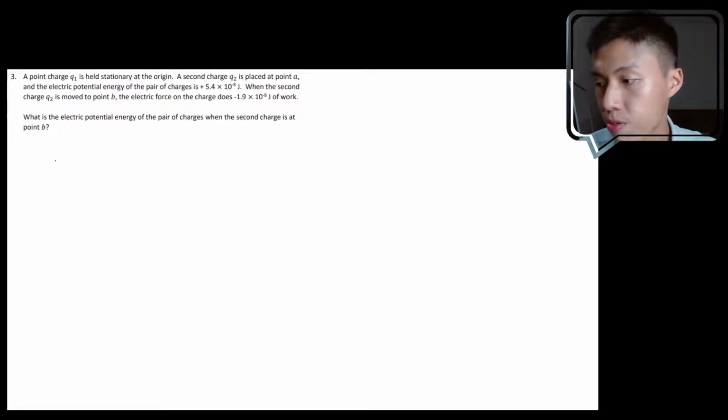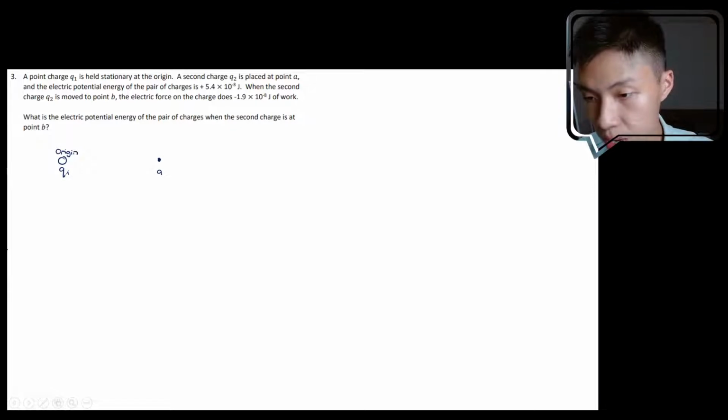We have charge Q1 which is held stationary at the origin. So we call this place to be the origin. Okay, then you have a second charge Q2 which is placed at point A. So randomly we take a point and we call it point A. Let's write A over here.